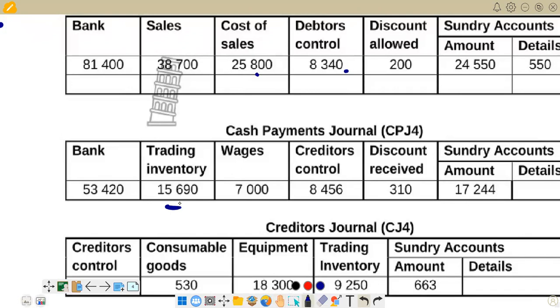It means we are receiving trading inventory, and we are going to debit trading inventory. So the double entry that we are using here is that we are debiting trading inventory this amount, and then we credit the cash or bank, depending on whether we paid through cheque or we paid using cash. So we are going to go to the debit side of trading inventory and enter this one again, 15,690, and it's coming from the cash payments journal as our folio. So we go there and enter that amount.